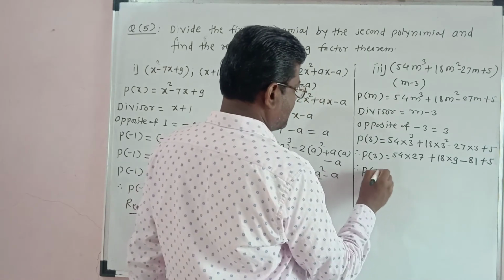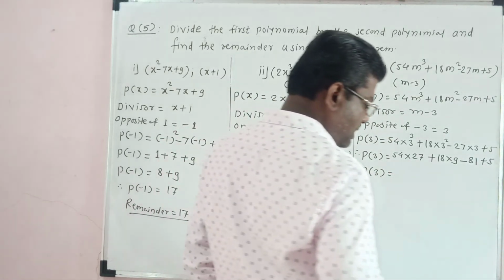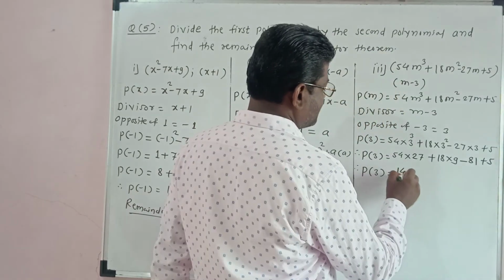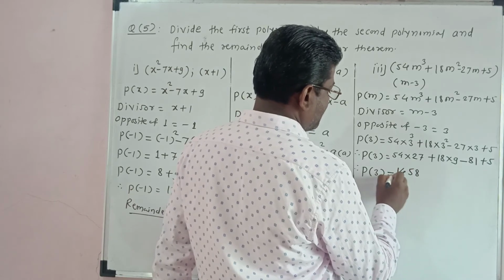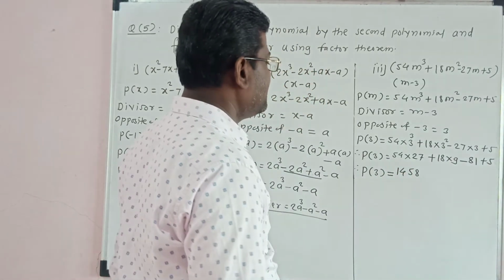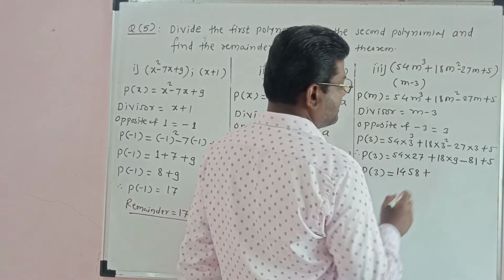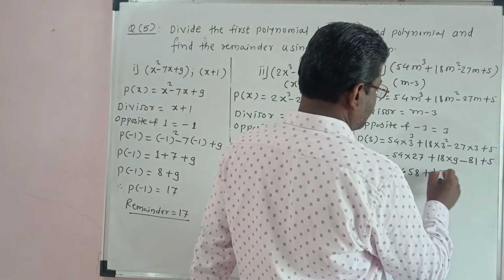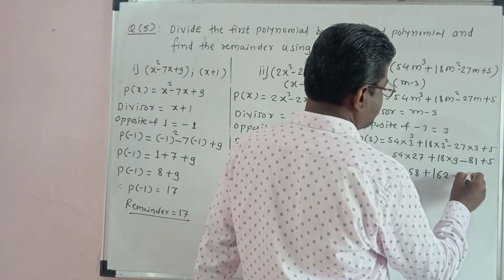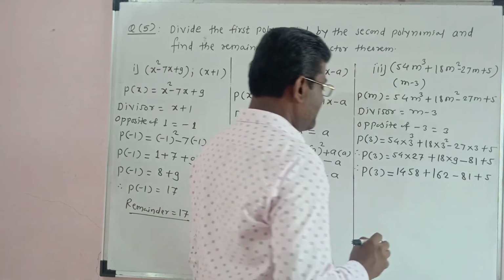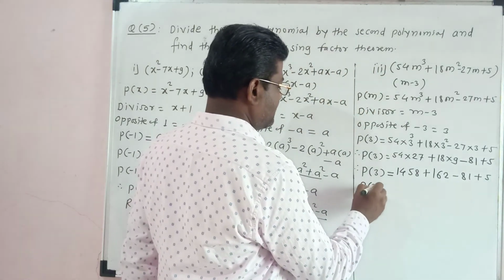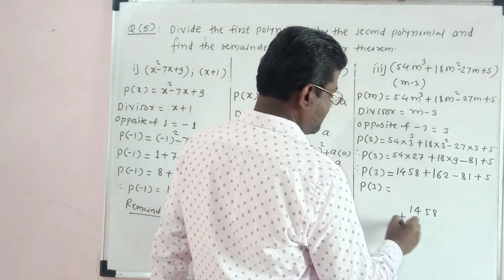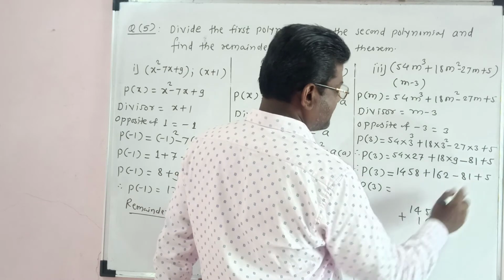Therefore P of 3 is equal to 54 into 27, if we multiply these two numbers we get 1458, and we know that 18 into 9, that is 162, therefore plus 162 minus 81 plus 5. So P of 3 is equal to 1458 plus 162 and plus this 5.